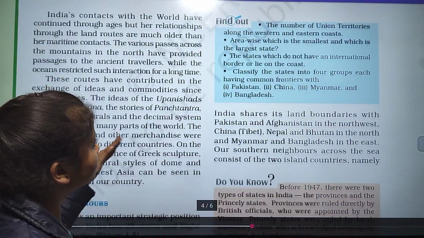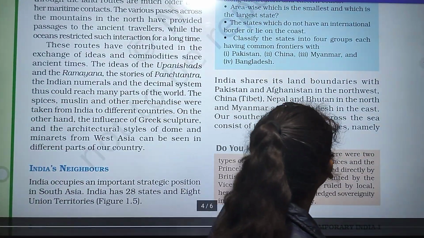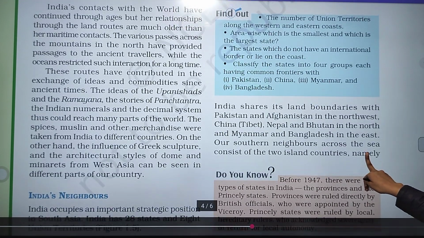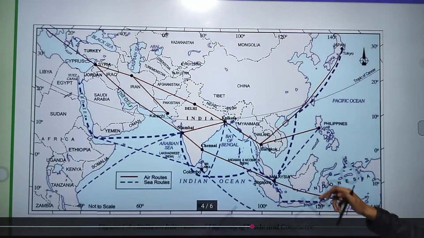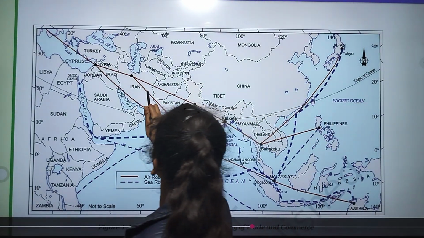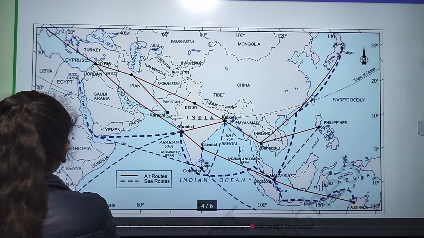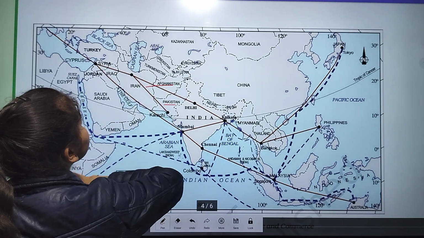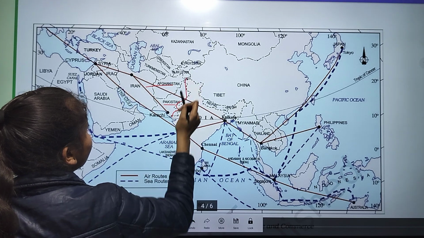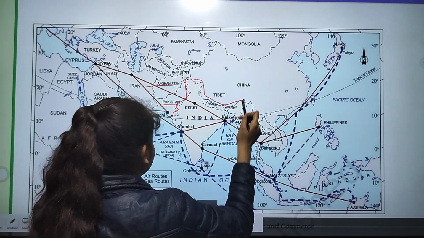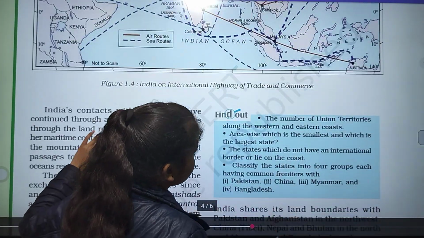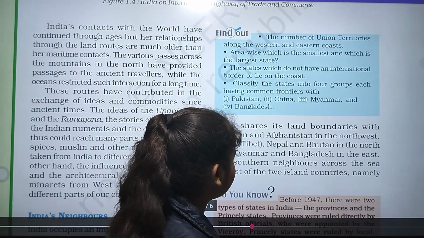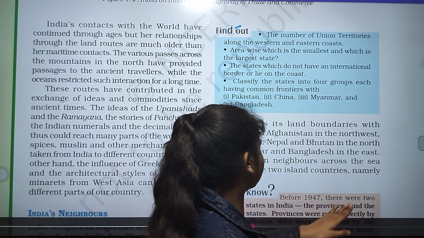Here India shares the land boundary with Pakistan and Afghanistan in the northwest. In the northwest, which ones are neighbors? Pakistan and Afghanistan.